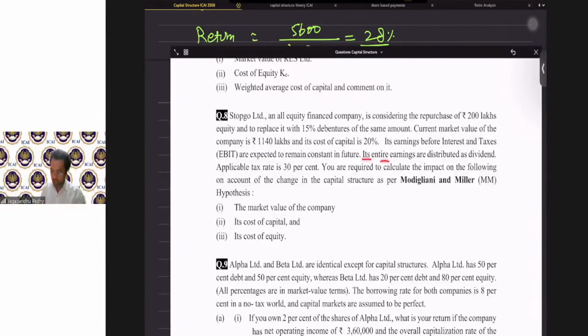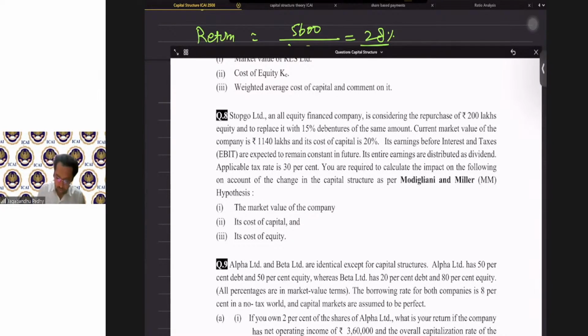Its entire earnings are distributed as dividend. Applicable tax rate is 30%, and you are required to calculate the impact on account of change in the capital structure as per Modigliani and Miller hypothesis. So, as per the Modigliani and Miller hypothesis, we are supposed to calculate the market value of the company, its cost of capital, and its cost of equity.